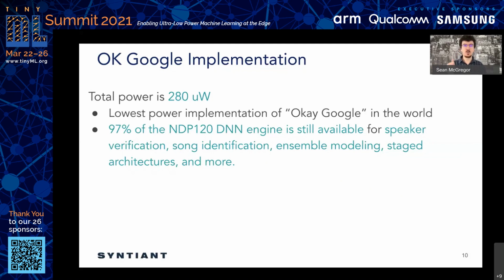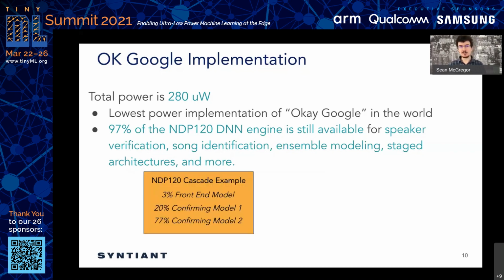What's more, though, the really critical point here is that only 3% of the neural core is actually utilized in the course of processing this model because it's really a tiny ML model built for the tiny ML world.